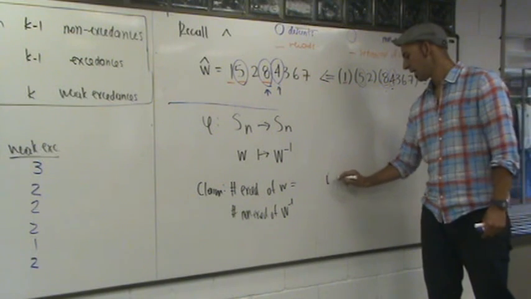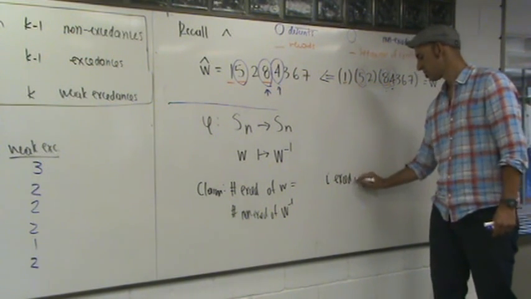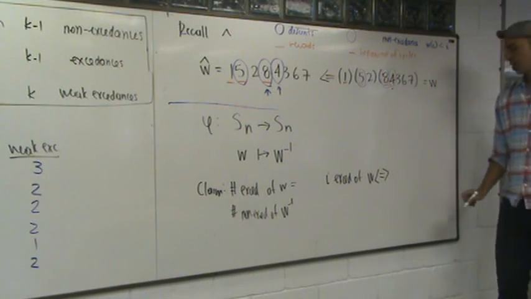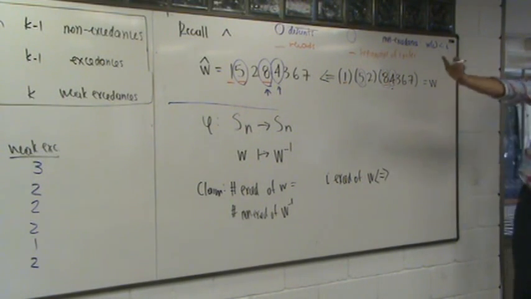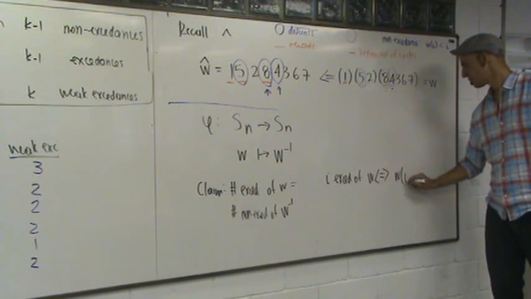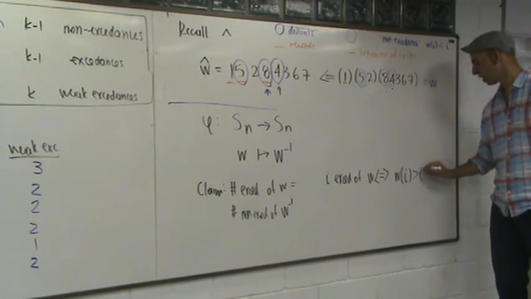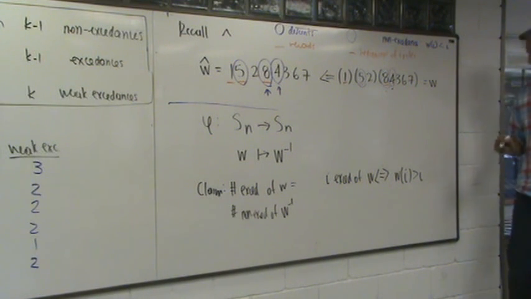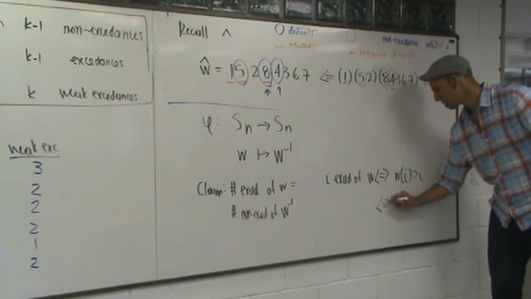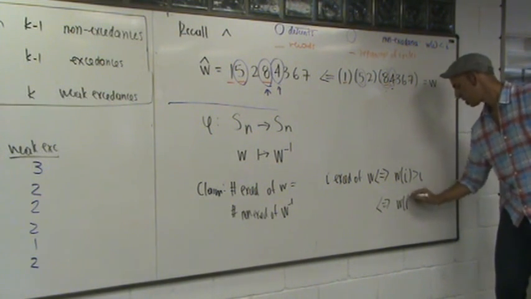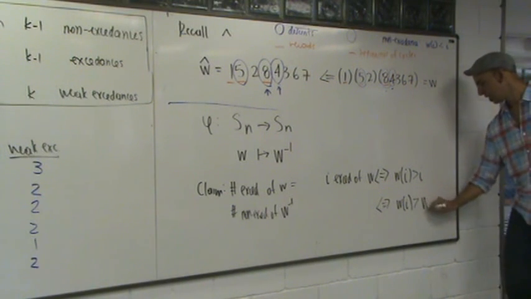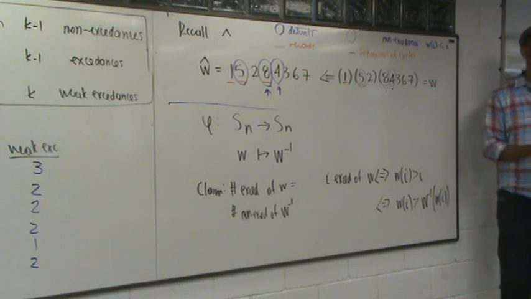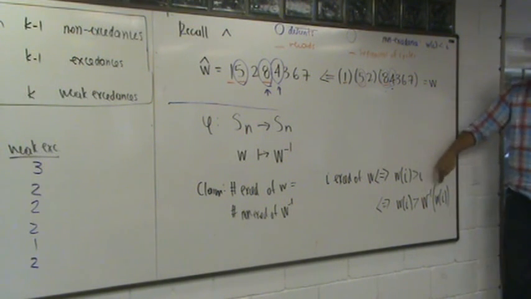Because i is an exceedance of W if and only if, well, what does it mean to be an exceedance? It means that W of i is bigger than i. But let me rewrite this as W of i is bigger than W inverse of W of i. This is the inverse permutation, so W inverse of W is the identity.